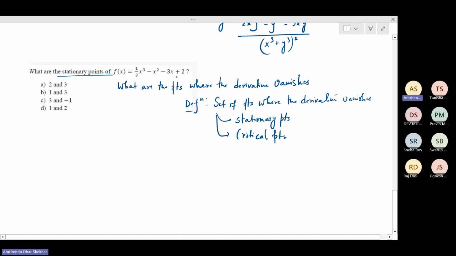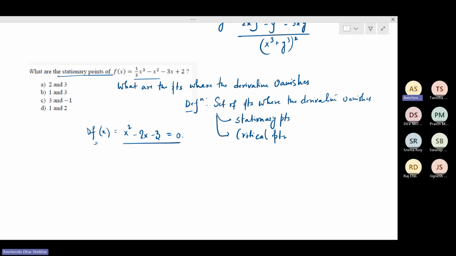So here, of course, this is a function of one variable, so you can take the derivative of that. So the derivative of f at x is equal to x squared minus twice x minus 3. And so if you have to compute the stationary points of f(x), then you have to equate this to 0, and then find the set of points where this equation holds. And that would give you the stationary points of the function f.